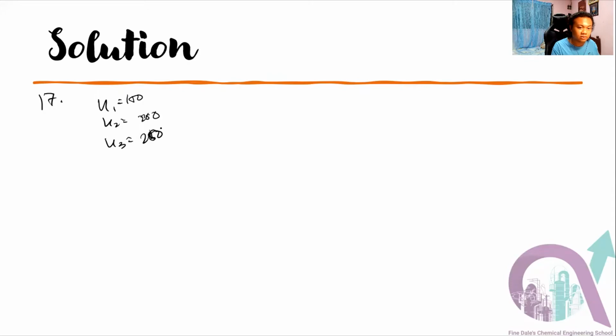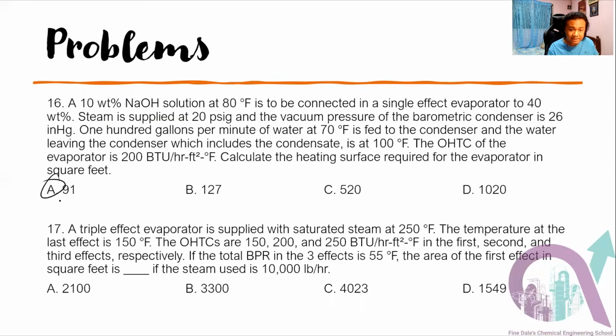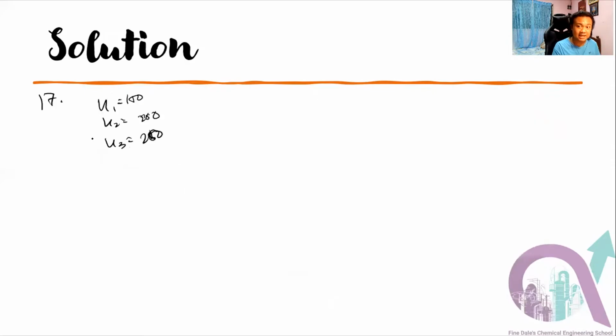Okay, we are asked for the area of the first effect in square feet, where the steam used is 10,000 pounds per hour. Okay, this is easy, guys. Really easy. Okay, all you have to do is to get this. So the delta T overall, right? I've shown you this earlier.